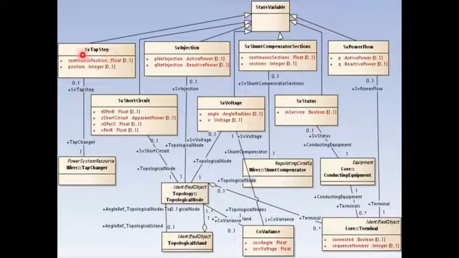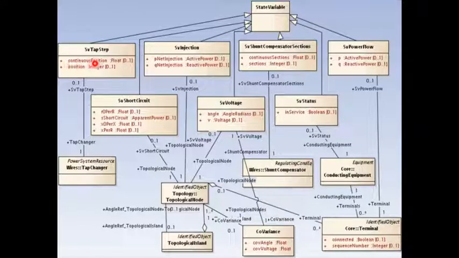So in the state variable profile we will utilize the tap position, voltage injection, shunt compensator, power flow, voltage, short circuit, or the status of the breaker for topology creation, and various other classes. You can see that to create one profile you need not all the classes which are there in the common information model, but you select a few classes which are required to represent the state variable profile.